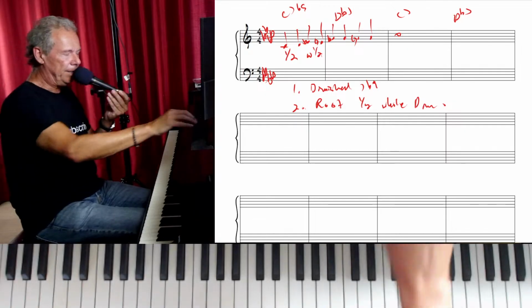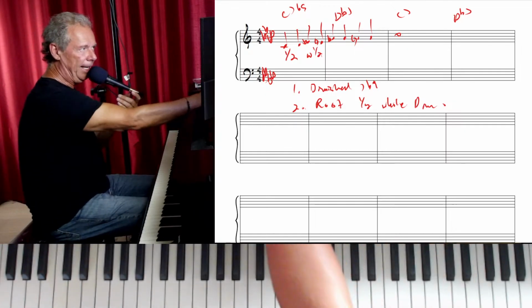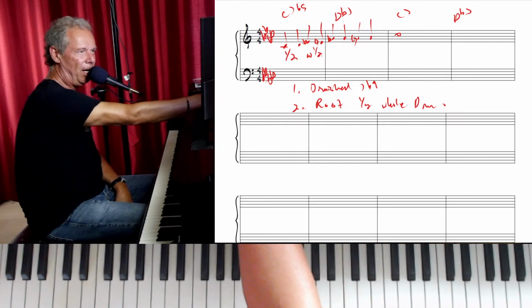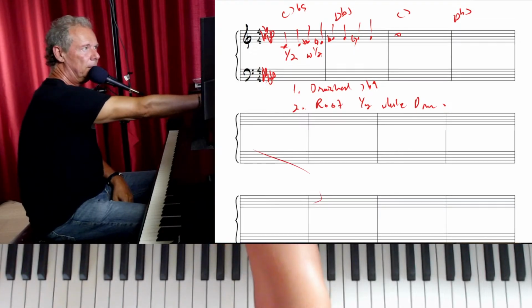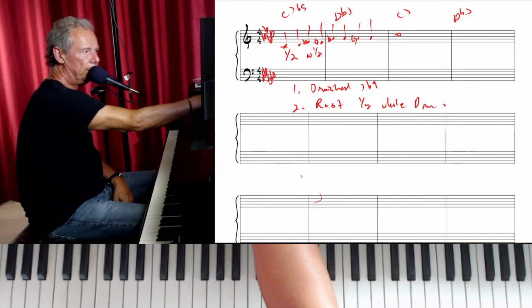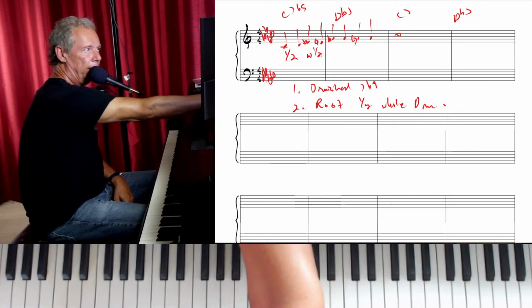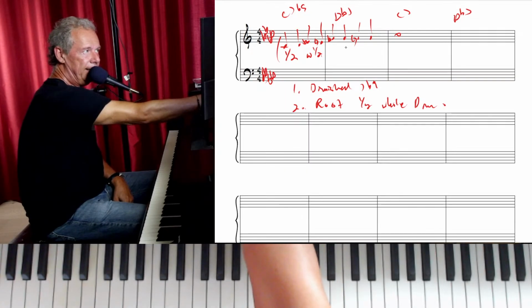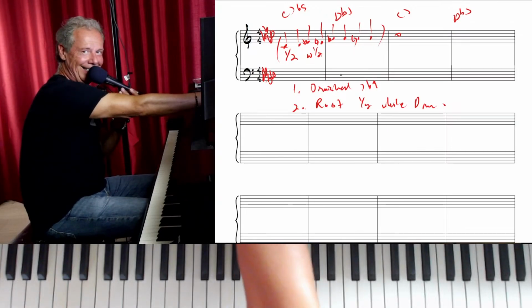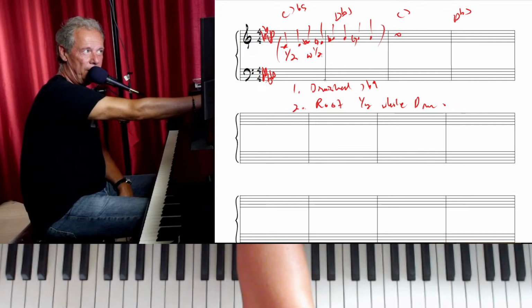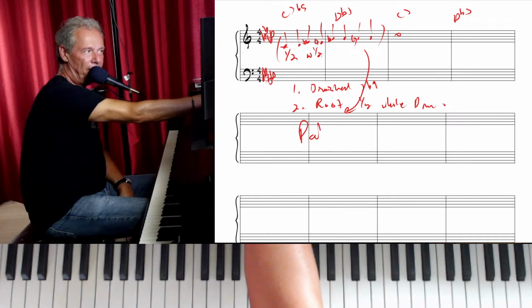The next thing I wanted to talk about very briefly, because I don't want to spend too much time on this, is if you take that scale, and I need to get the pen working. If you take this scale, and like I said, if you play it as is, it gets kind of boring. So what you want to do is turn that scale into some kind of pattern.